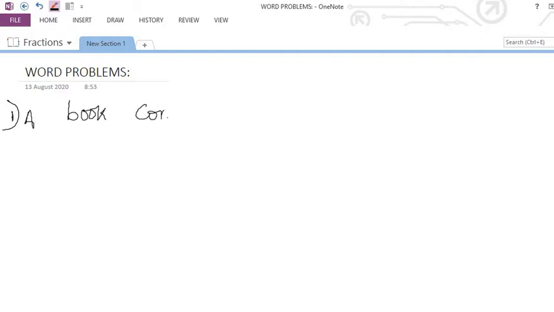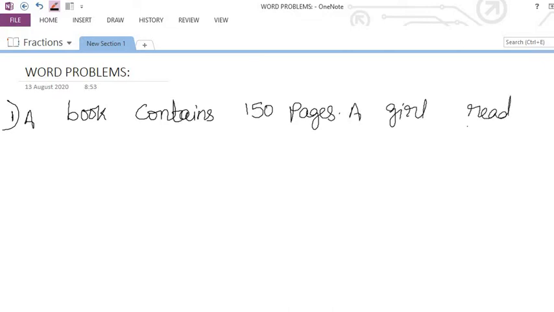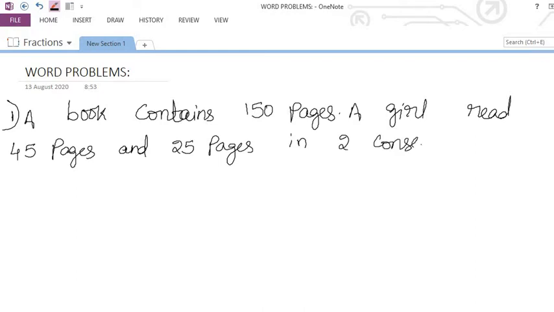A book contains 150 pages. A girl read 45 pages and 25 pages in 2 consecutive days.